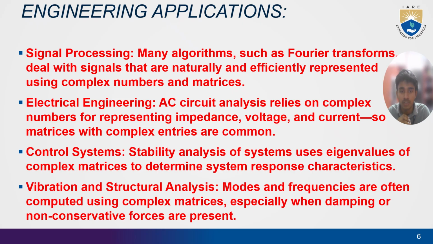Control systems: stability analysis of systems uses eigenvalues of complex matrices to determine system response characteristics. Vibration and structural analysis: modes and frequencies are computed using complex matrices, especially when damping or non-conservative forces are present.